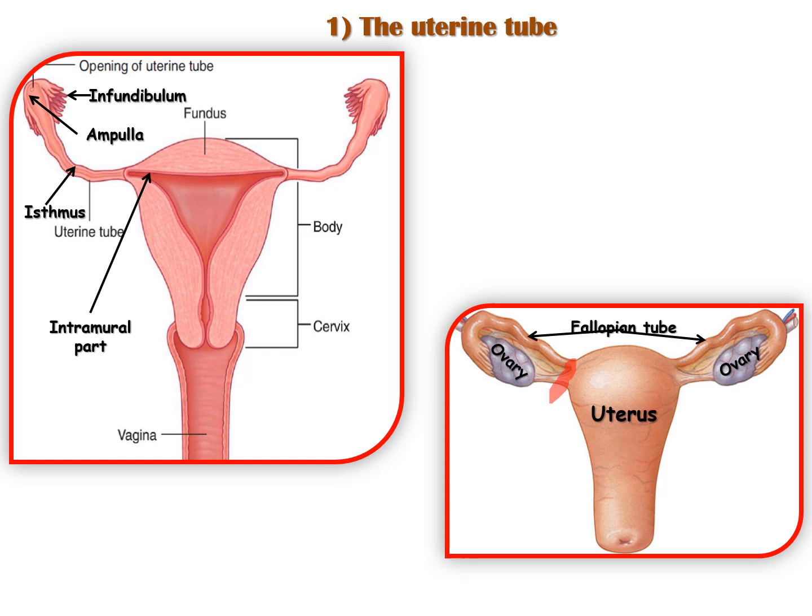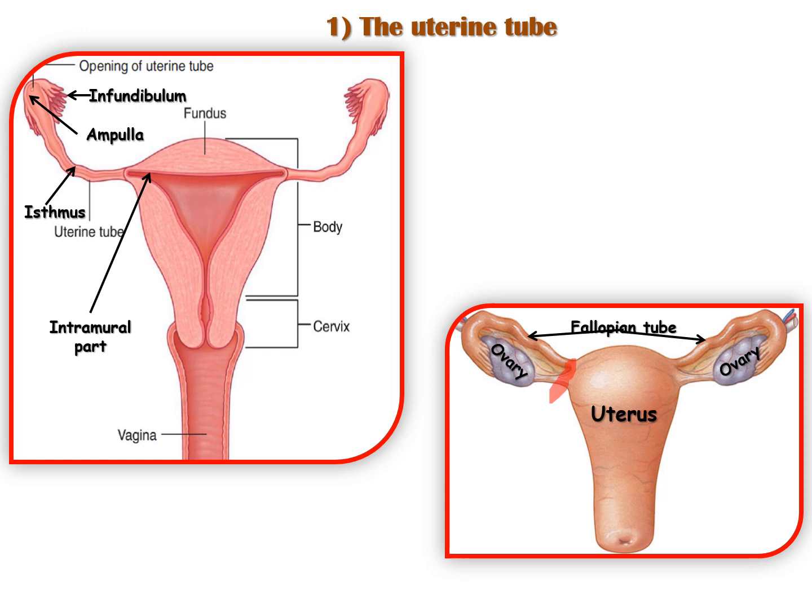The role of these finger-like processes is to pick up the ovum from the surface of the ovary and to enter it inside the fallopian tube.